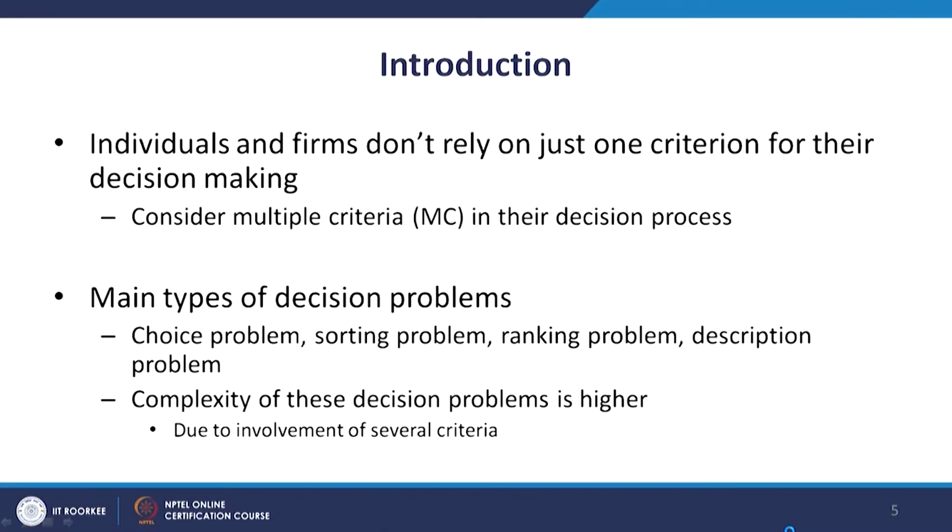So, therefore, we need certain methods and techniques to structure the decision making process, and this particular area of multi-criteria decision making is about understanding, learning those methods and techniques which can actually be used to handle the complexity of these decision problems.